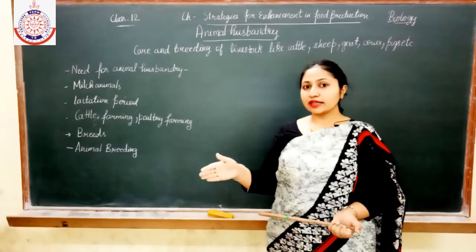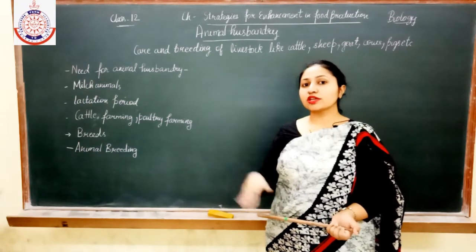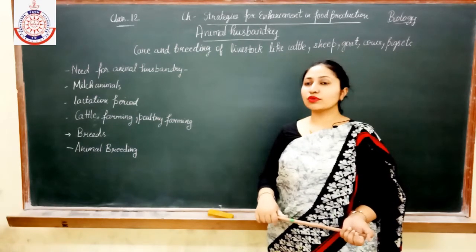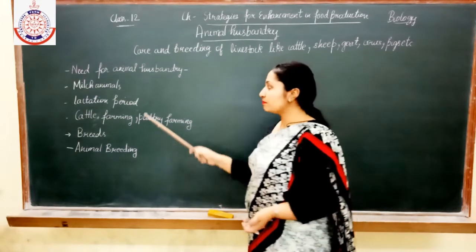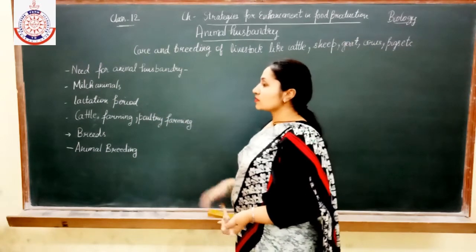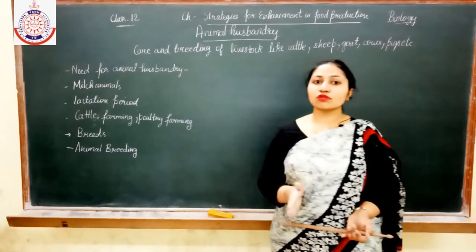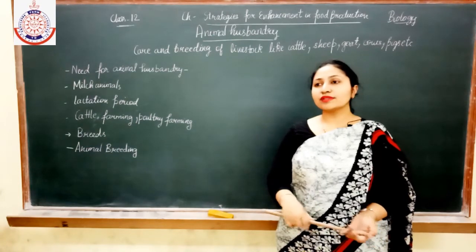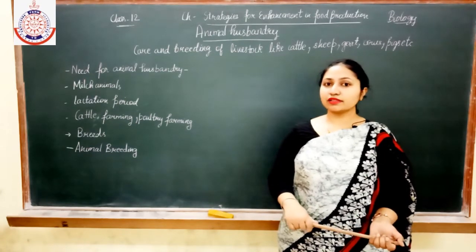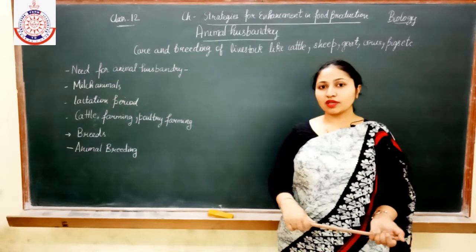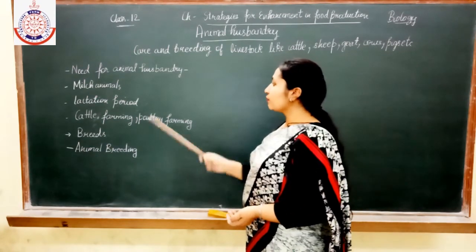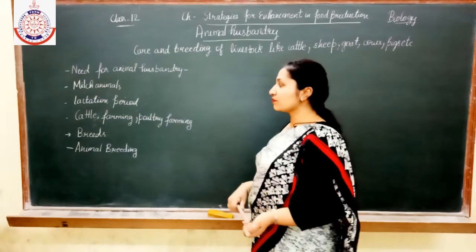After that, the time period during which she is able to produce milk is known as the lactation period. Okay, some animals are also known as draught animals, and draught animals are used for agricultural purposes, like the bull.